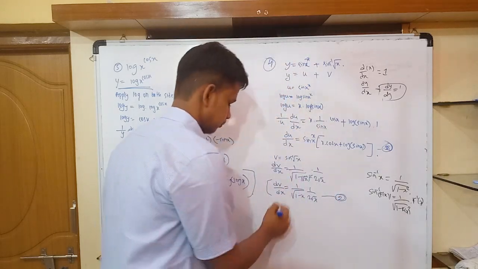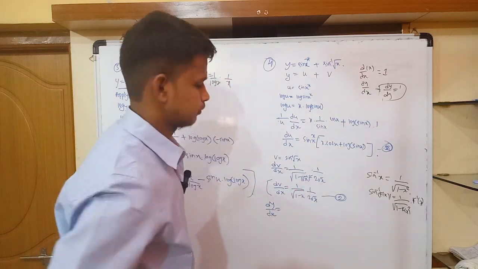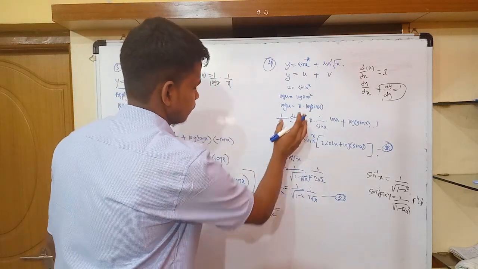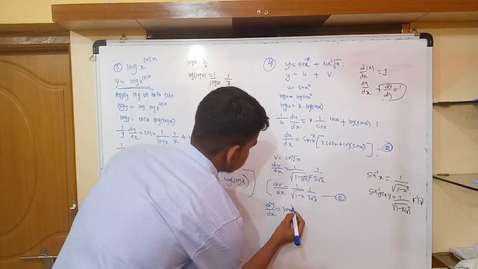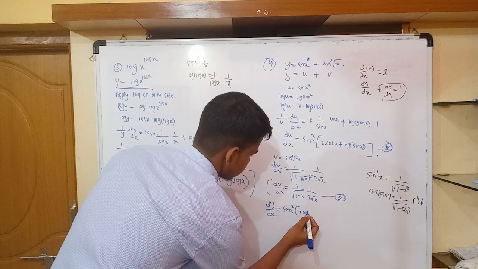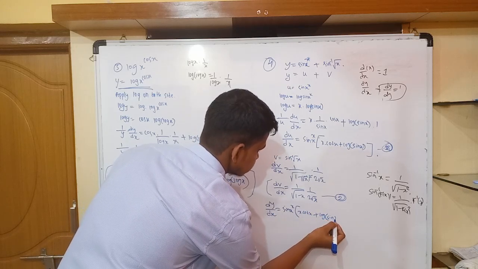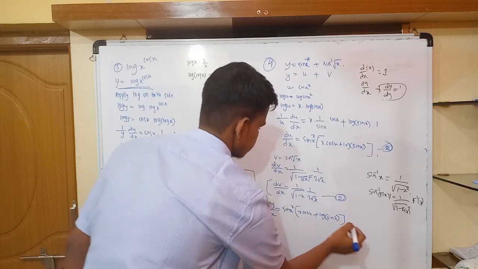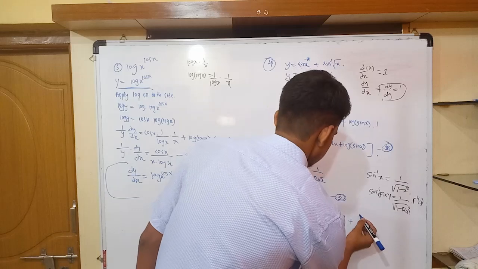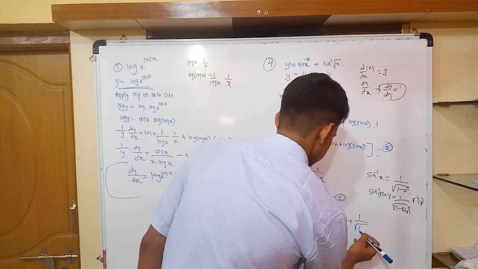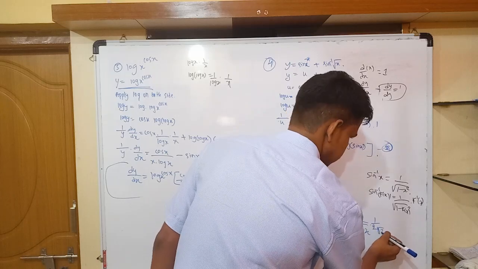Now to find the derivative of y, dy by dx, I have to add the derivative of u and the derivative of v. The derivative of u is sin x raised to x into x cot x plus log of sin x, plus the derivative of v, that is 1 divided by under root 1 minus x into 1 divided by 2 root x.